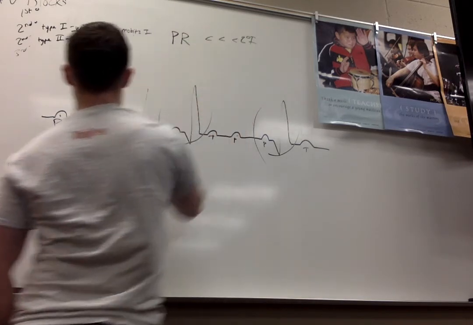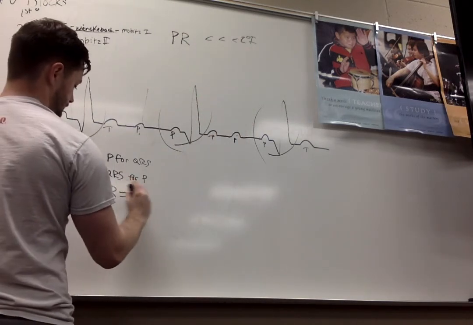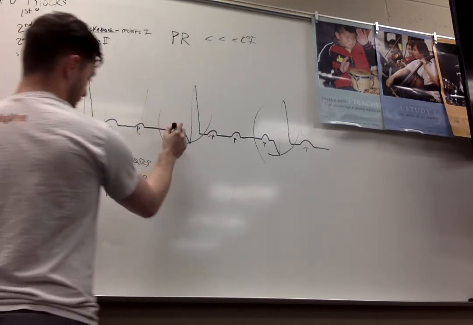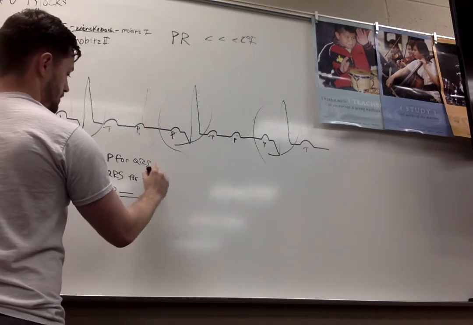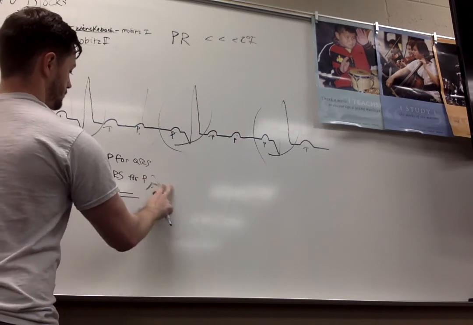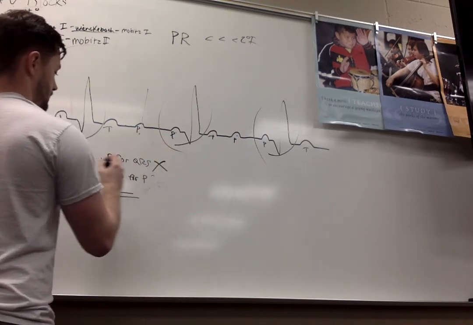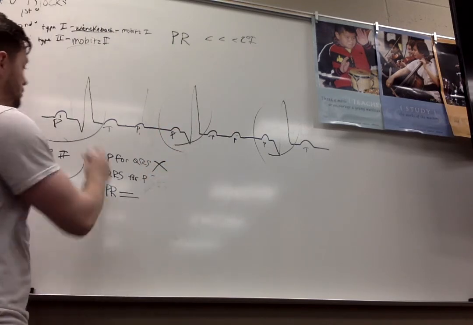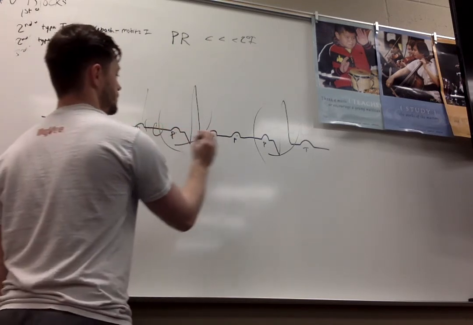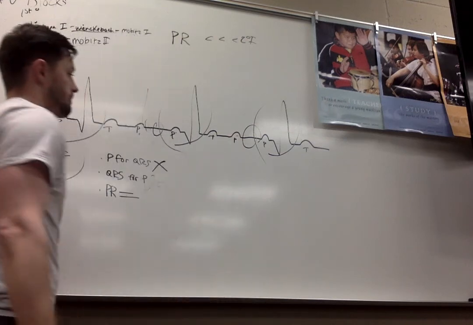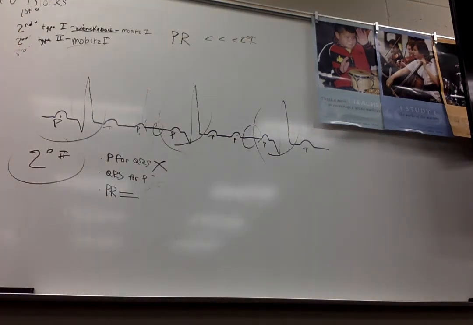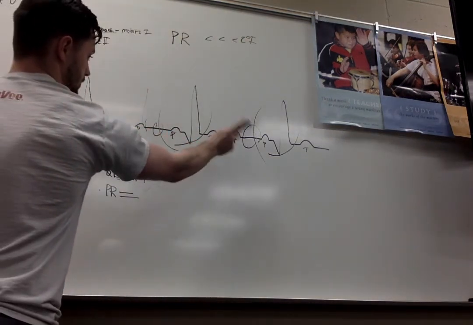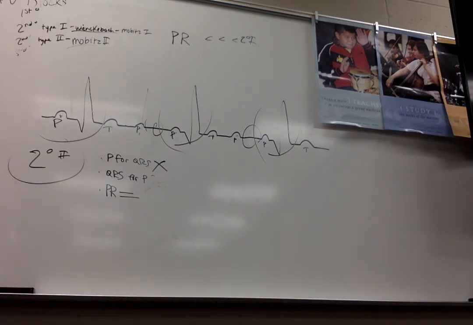If it remains the same throughout, but it's missing a QRS for P waves, this is a type 2. So we have P waves, but we don't have a QRS here. You'll see a whole bunch of little waves without QRSs, and you're like, what the hell is this?